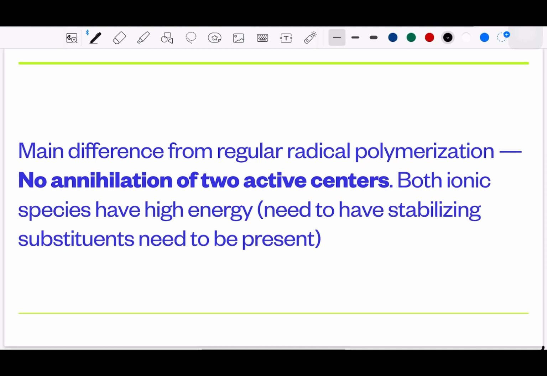The radical will be removed, right? But there will be no such thing in ionic polymerization, because ions are considered as having high energy. They need stabilizers. So we need some substituents that can stabilize this energetic species.